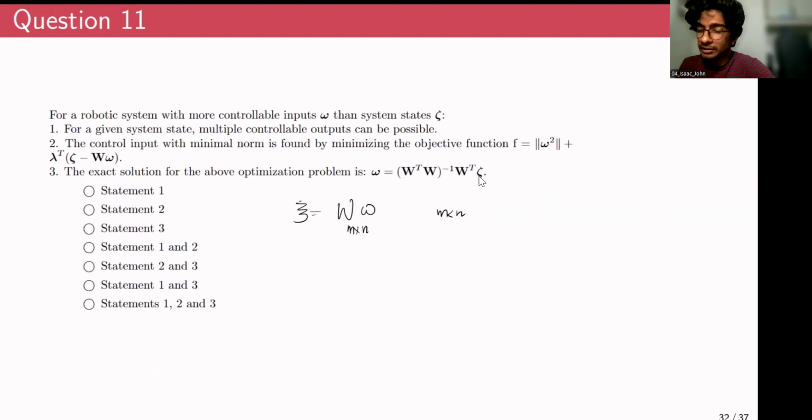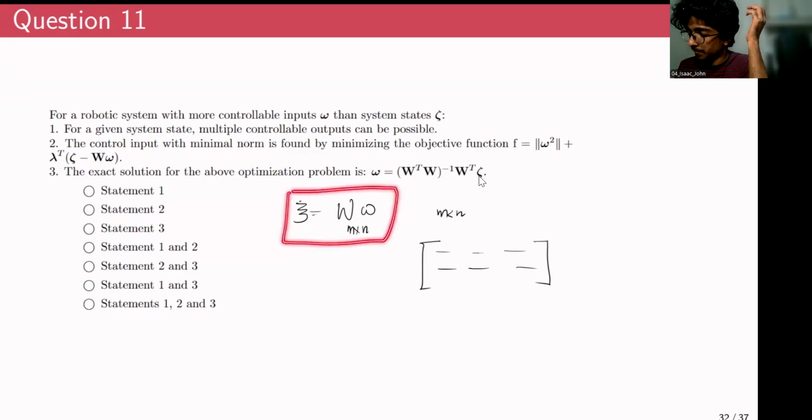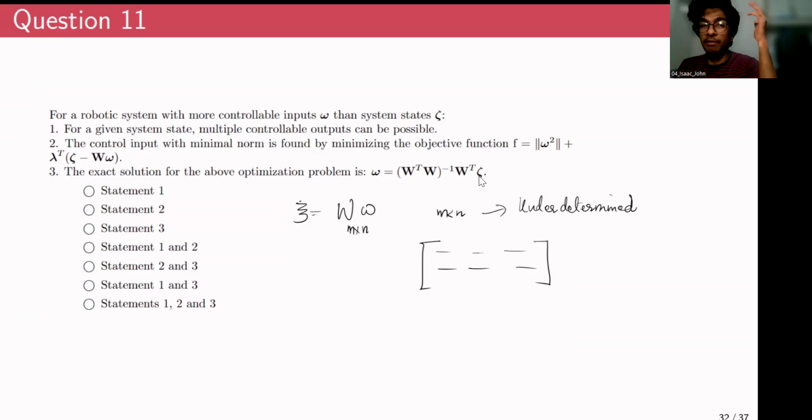So W, the wheel configuration matrix, would be a very short and broad matrix. If the number of controllable inputs is more than the number of system states, then that essentially makes this system an underdetermined system, right? From linear algebra, you know that if the system is underdetermined, you can have an infinite number of solutions.